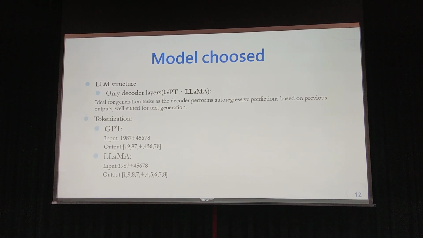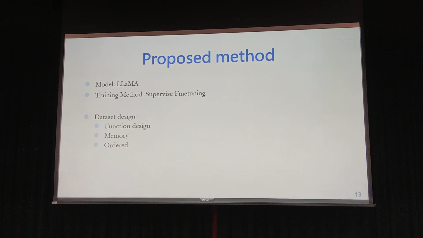The GPT tokenization is totally different from Llama's tokenization: GPT tokenizes the numbers into 2 digits or 3 digits, and we think that is not a good thing for our calculation.